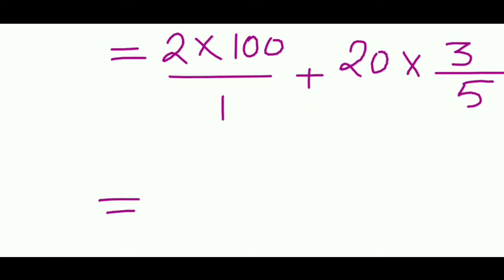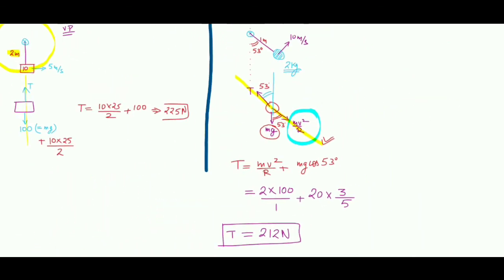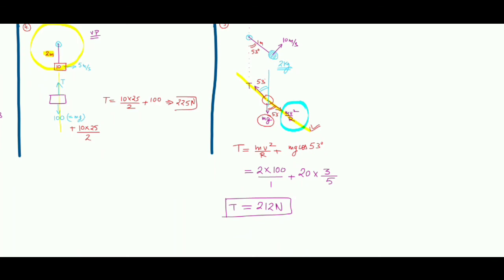So 212 Newton is the correct answer according to my calculations. Please check it out, guys and girls. If you are getting some other answers, please don't forget to comment.